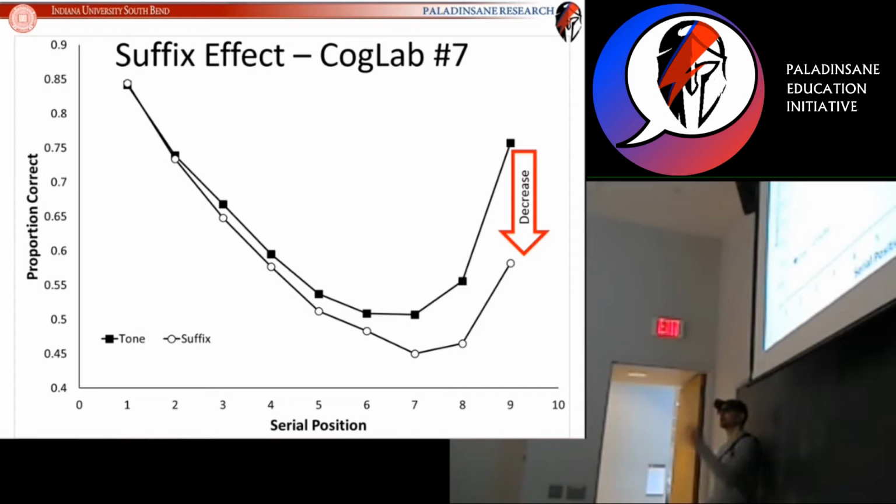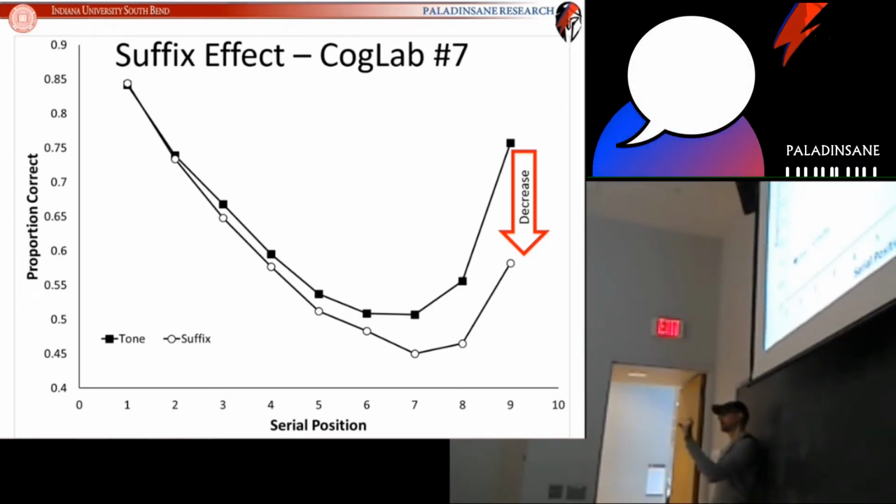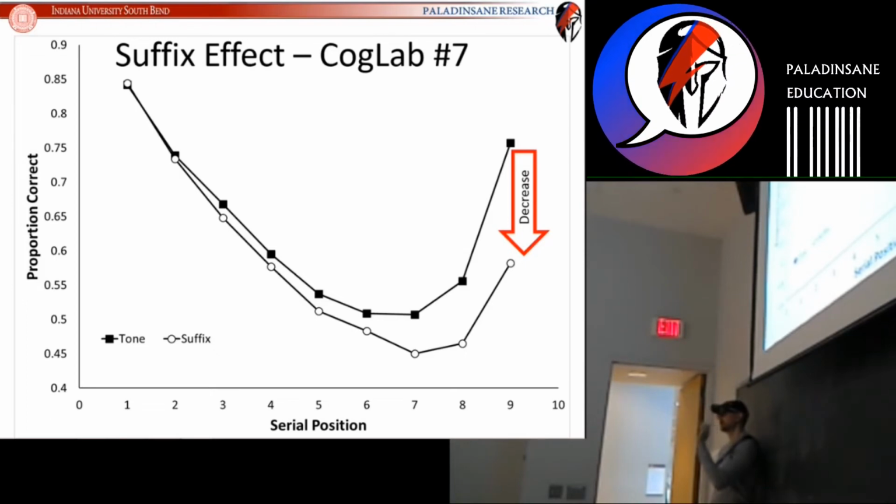Because if it was that bananas had no effect, then that means your working memory, at the very least, can tell the difference between numbers and words, right? It codes at that level, and it codes the fact that these are numbers and these are words. If bananas still affected the working memory, if you still had the suffix effect, that would mean that we code in a more general term.